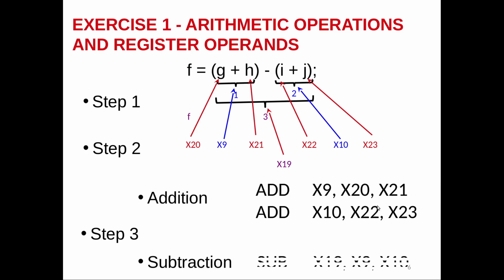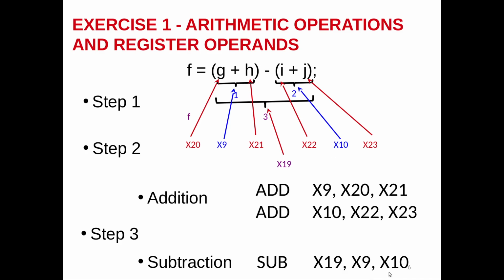So we come back to our equation. We know that the destination RD will be X19, or F. The first operand, G plus H, we have here in X9. And finally, the value of I plus J is X10.